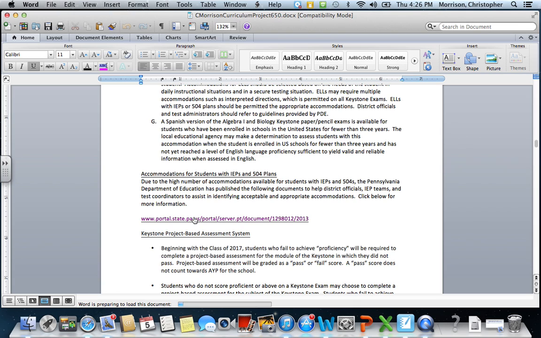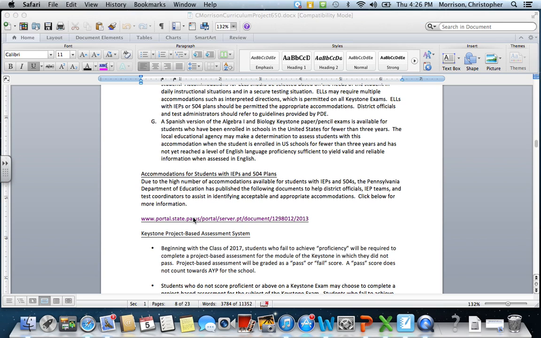Okay, and we'll see if the web link works. We'll take you to the website so that you can see if the web link is functional. Okay, so while the link is loading, the main thing is the accommodations. It's really the detailed list of the things administrators and guidance counselors need to understand to ensure that all students are treated fairly when taking the Keystone exam.